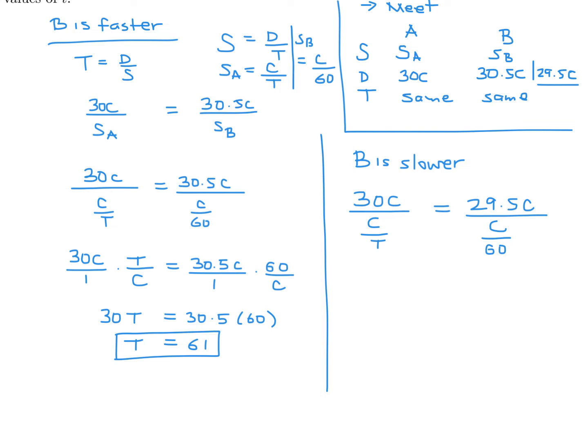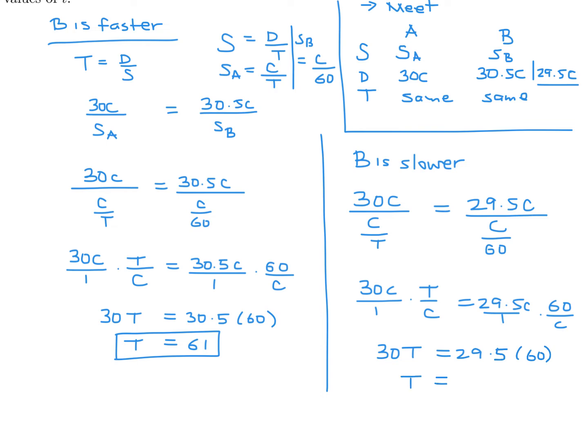And then this is very similar: invert and multiply, 29.5c over 1 times 60 over c. And then all we're left with is 30t is equal to 29.5 times 60. And therefore t is 29.5 times 2, which is 59. So there you go. Those are the two possible times that satisfy the requirements of the question.